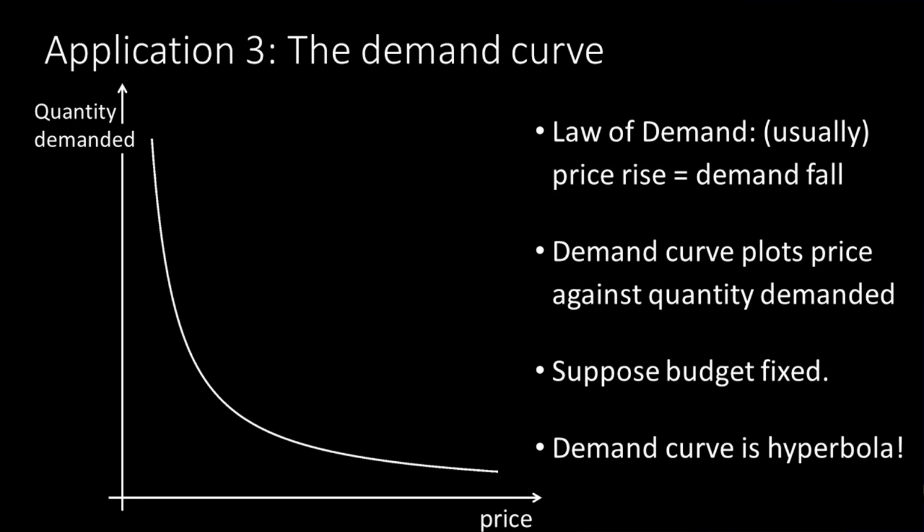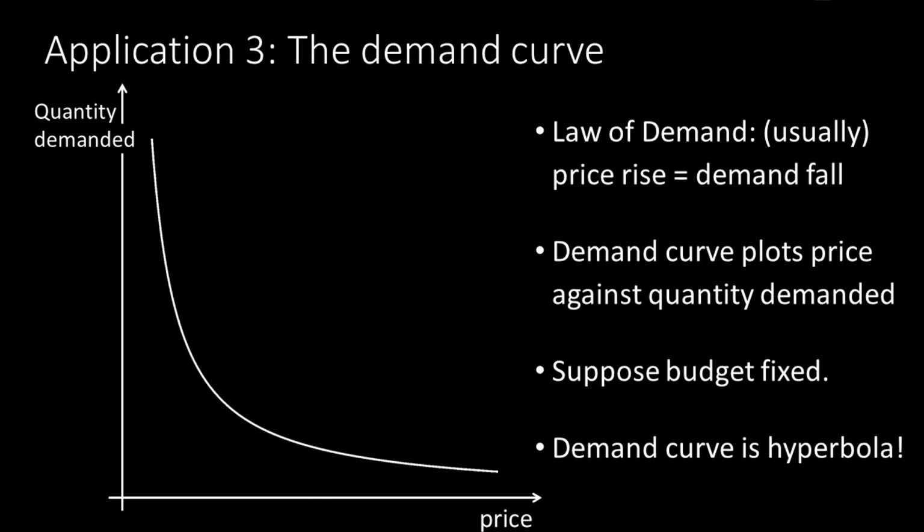Because it's the width times the height. So in this case where you're going to spend your whole budget, the area of the rectangle is going to be that whole budget, in our case the 50p that we had to spend on sweets. And that's true for any point on this curve, right? You're spending your whole budget. So the area of any rectangle we draw under this curve will be the total budget, our 50p.